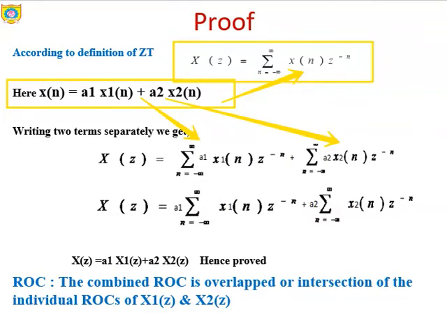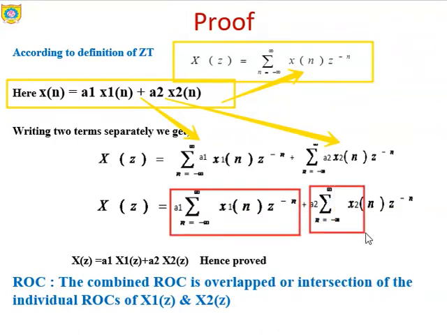To make this more clear, we take a1 as a constant quantity, so it can be taken outside the summation. So a1 is taken outside the summation. Similarly, in the second part also we can take a2 outside the summation.